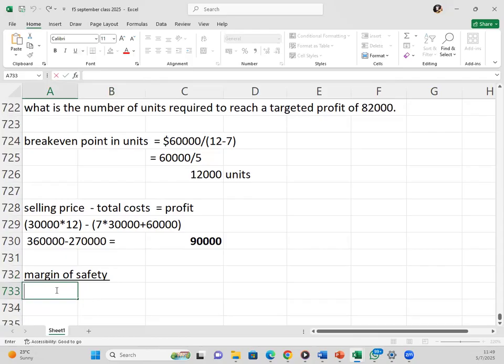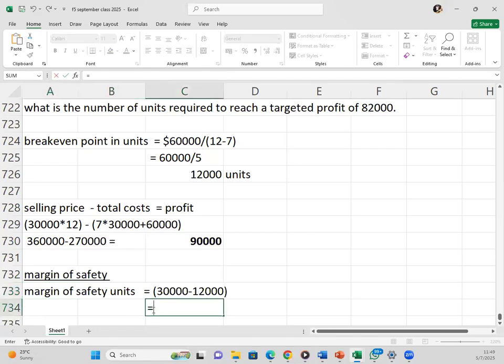So we start by getting the margin of safety in units: 30,000 minus 12,000, which is 18,000 units.